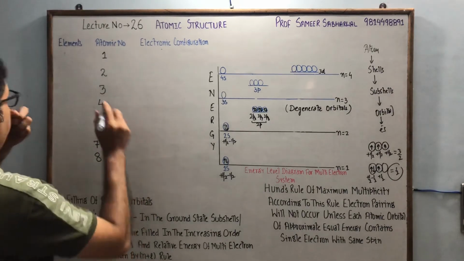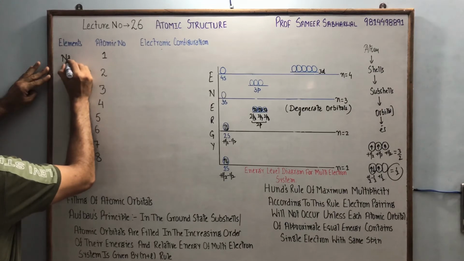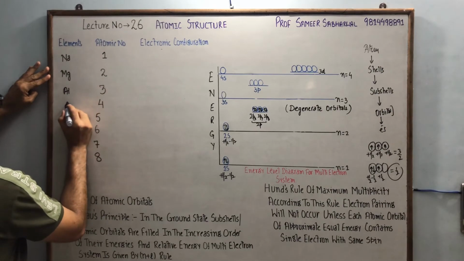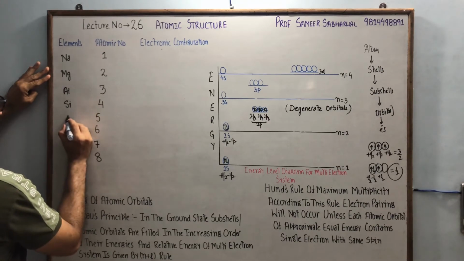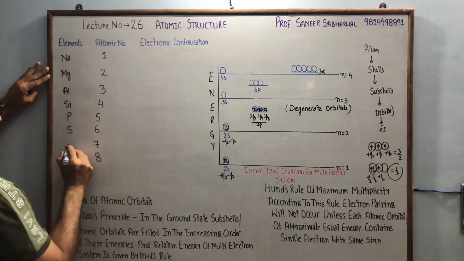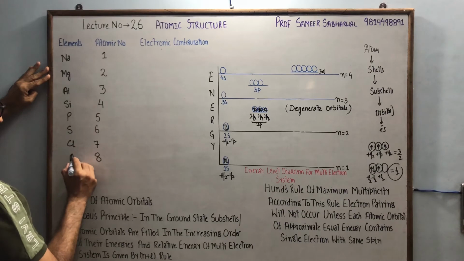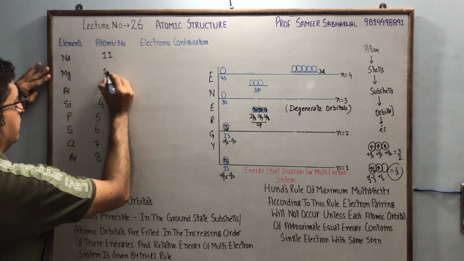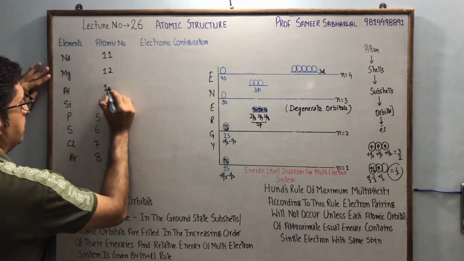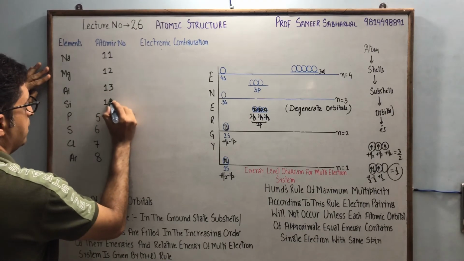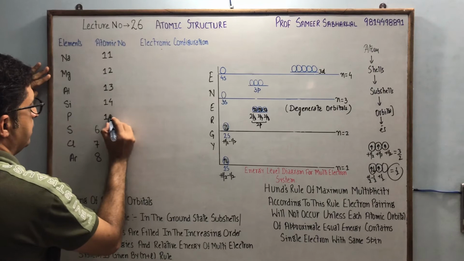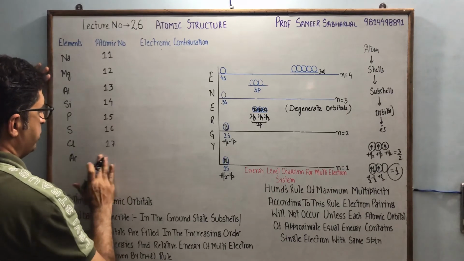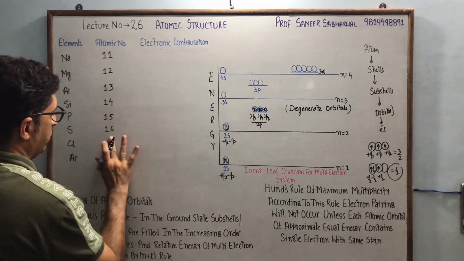Now atomic number 11 is sodium, 12 is magnesium, 13 is aluminium, 14 is silicon, 15 is phosphorus, 16 is sulfur, 17 is chlorine and 18 is argon. यहाँ मैं 1 डाल देता हूँ. 11, 12, 13, 14, 15, 16, 17, 18. Is that fine? Now you can easily answer this question.